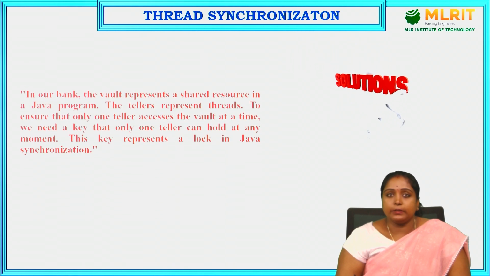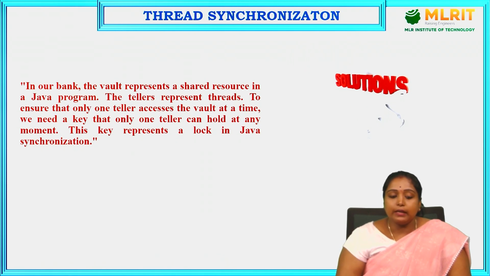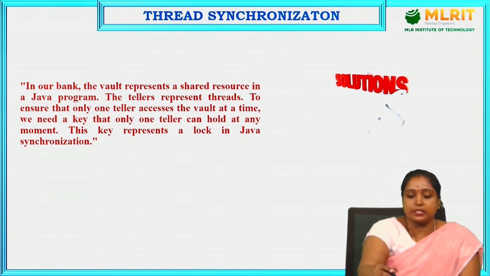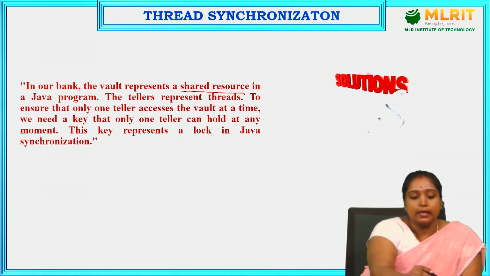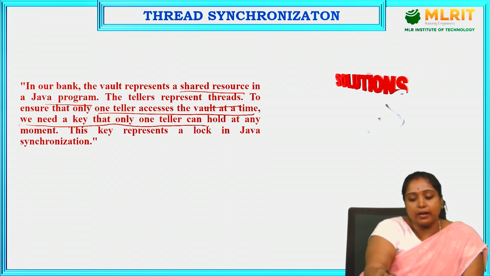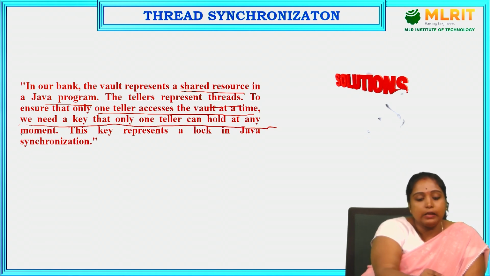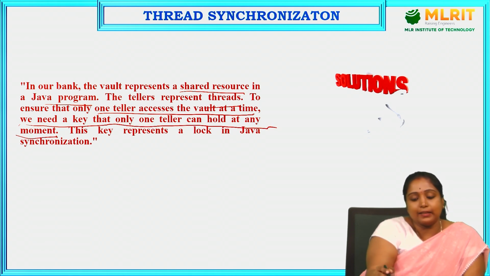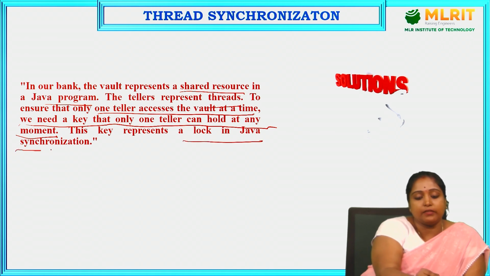So what will be the solution? In this bank, the vault represents a shared resource in a Java program, and the tellers are threads. To ensure that only one thread accesses the vault at a time, we need a key that only one teller can hold at any moment. So the key represents the lock in Java synchronization.